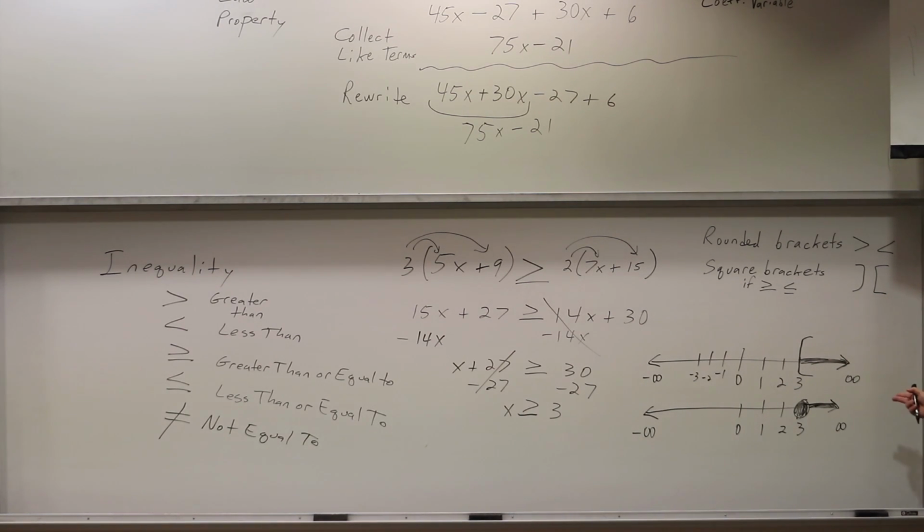So this would be our version of x is greater than or equal to 3 using circles. If 3 was not included and it was x is greater than 3, we would have an open circle on the number line. So that covers some things with inequalities.